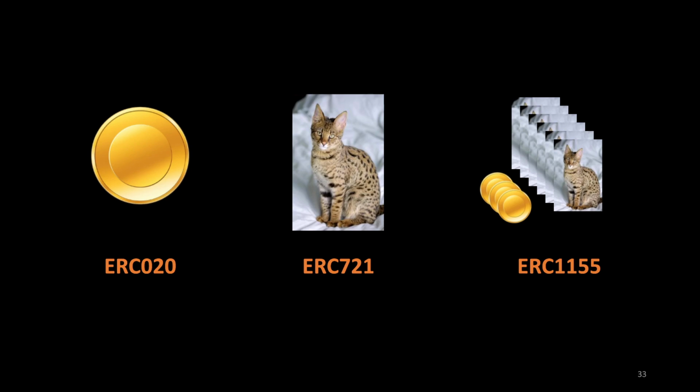ERC-721 came about when some people thought these tokens don't have enough utility, in that I have multiple things, like Spider-Man comic number 1 is more valuable than Spider-Man comic number 5, right? So there is a non-fungibility. So they created a non-fungible token, which was ERC-721.